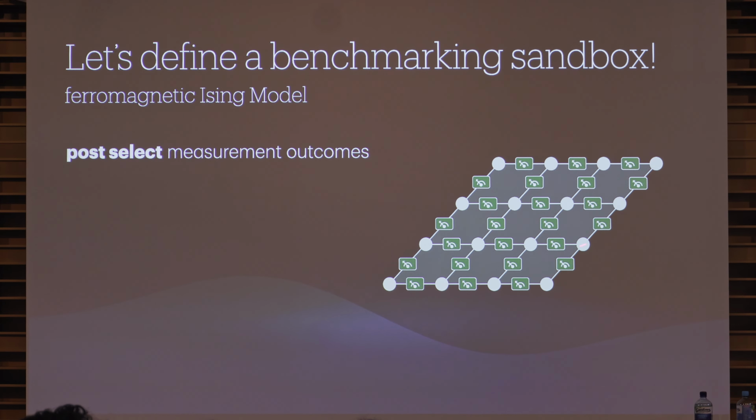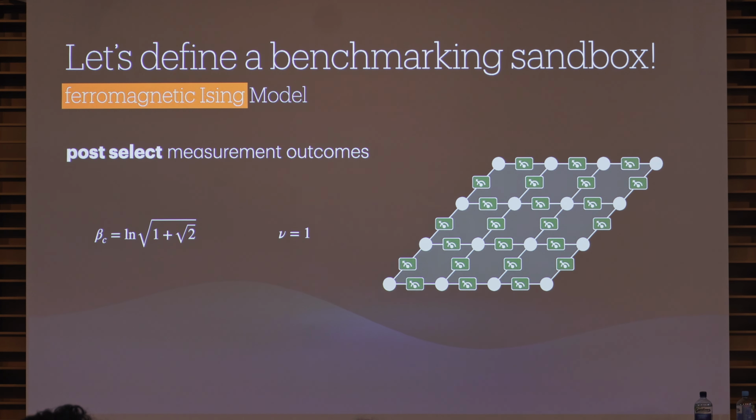And this makes our circuit now map to the ferromagnetic Ising model, which is awesome because, of course, the ferromagnetic Ising model is very well understood and we know everything about it. For example, what's the critical inverse temperature and what's the critical exponent nu. And following our mapping also then, of course, what is the critical coupling strength.